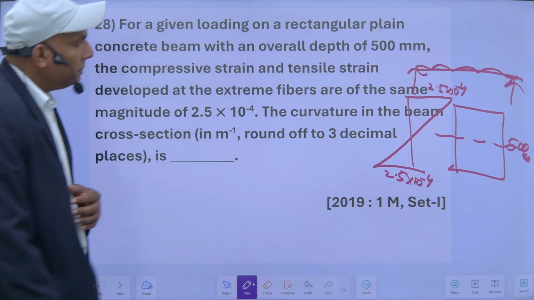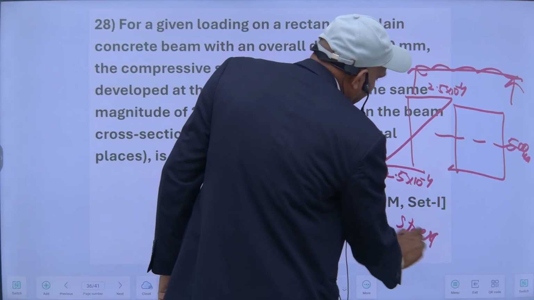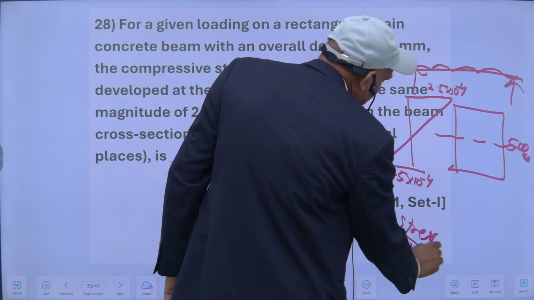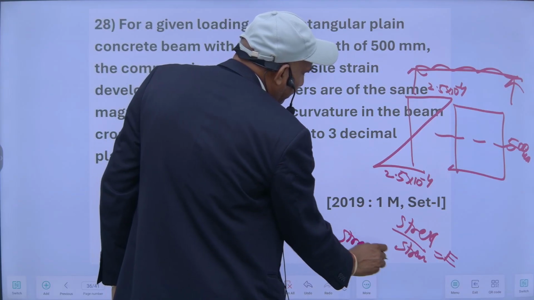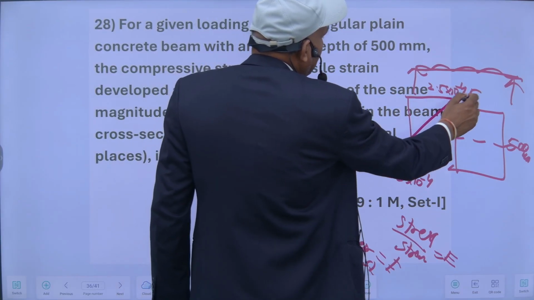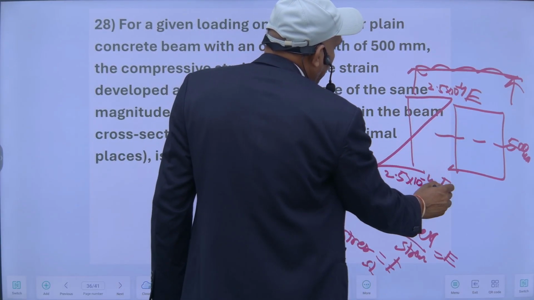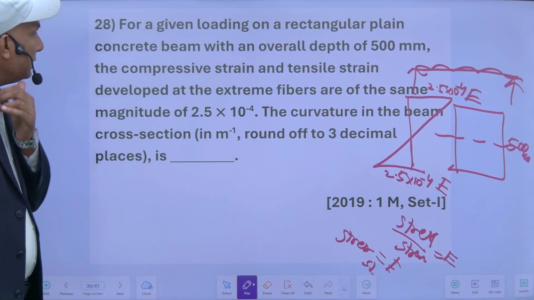And as we know, stress upon strain is equal to E. So stress is equal to strain into E. It means if I multiply the strain by Young's modulus, it will give the bending stress. So this is my bending stress.